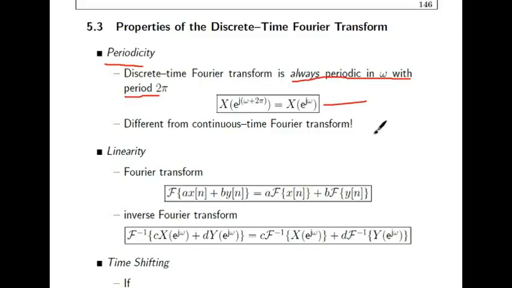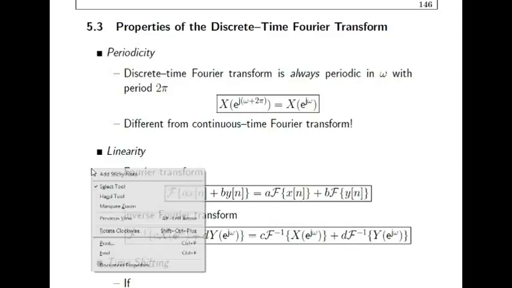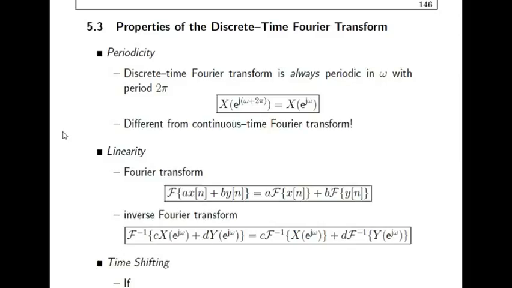The second property is the linearity property, which is the same as there was in the Fourier series representation or the continuous time Fourier transform. So if we have the signal a x[n] plus b y[n], its Fourier transform will be a times the Fourier transform of x[n] plus b times the Fourier transform of y[n].